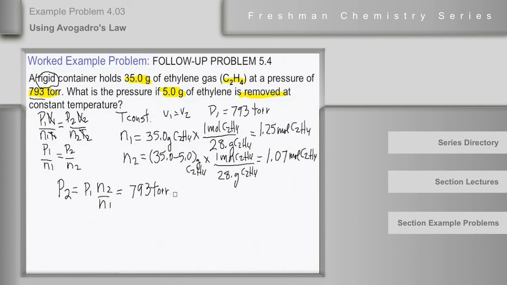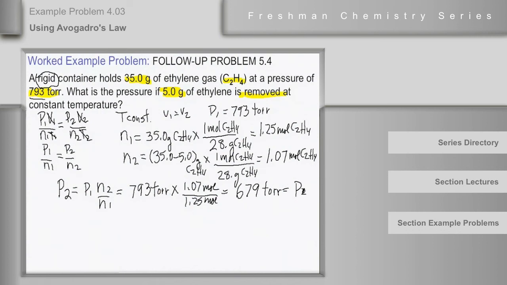So now times N2, which is 1.07 mole, divided by N1, which is 1.25 mole. The moles cancel. Our answer will be in torrs, and after the mathematics, it's about 679 torr for P2.